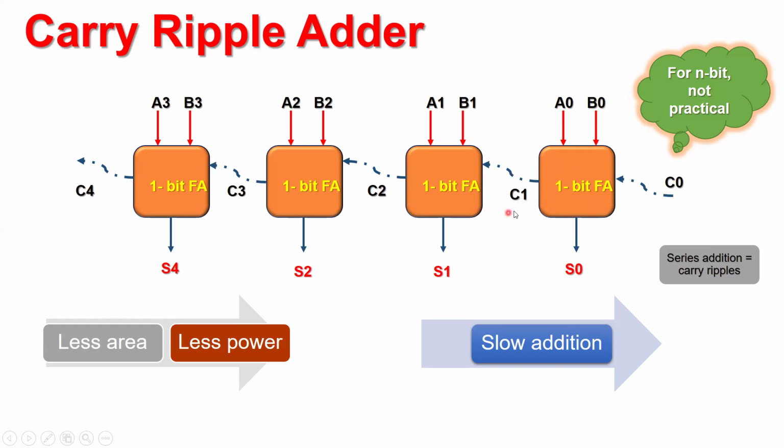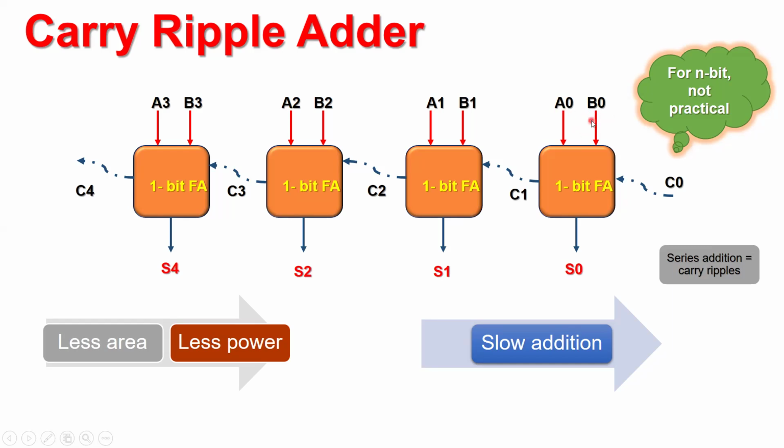What we have seen previously is that you have an initial carry in, which can be assumed to be 0, and then you have the LSBs of both the words A and B, each 4 bits in size, and you add the two numbers A and B bit by bit.